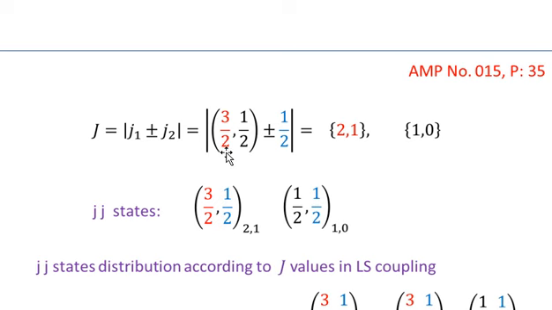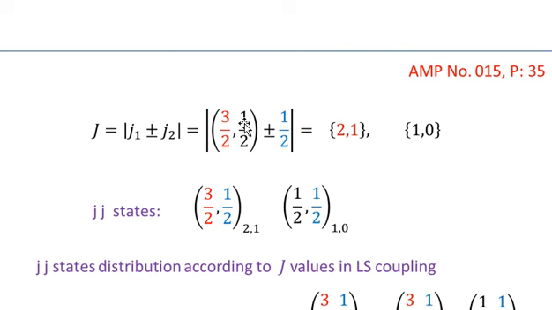The first value of J1, 3 half, is shown in red, the second value is shown in black, whereas the value of J2 has been shown in blue, so that we can discriminate between them. When the 3 half shown in red is combined with the blue term of 1 half, you produce two red terms shown in curly brackets as 2 and 1. These are the values of capital J.